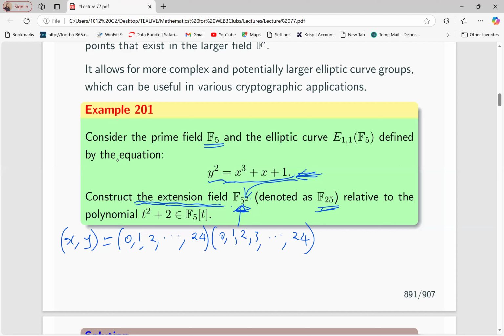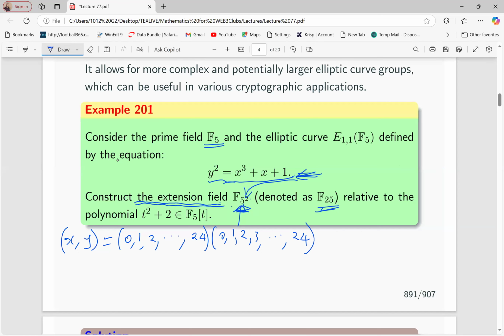So how many points are we expecting? We have 0, 0, we have 0, 1, we have 0, 2, all the way up to 0, 24.